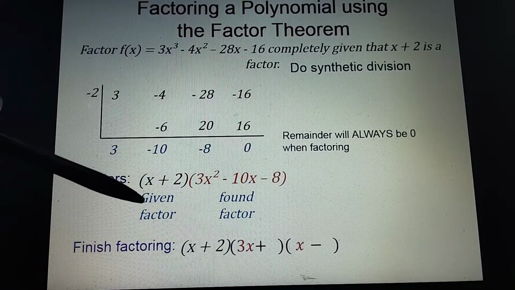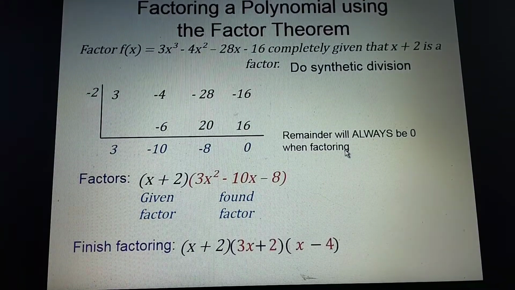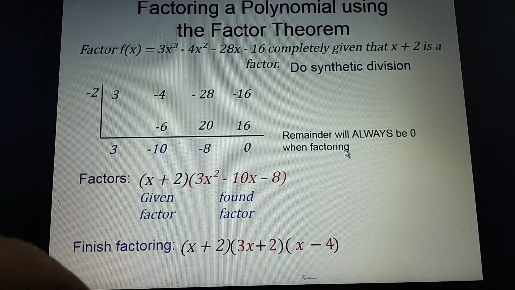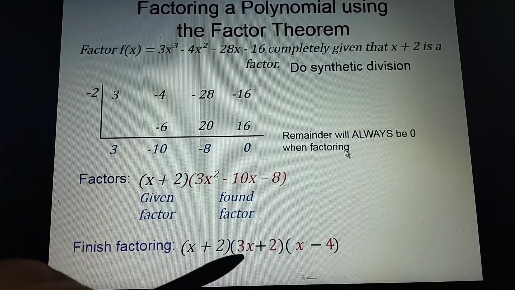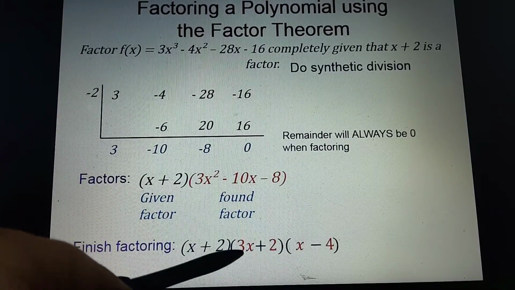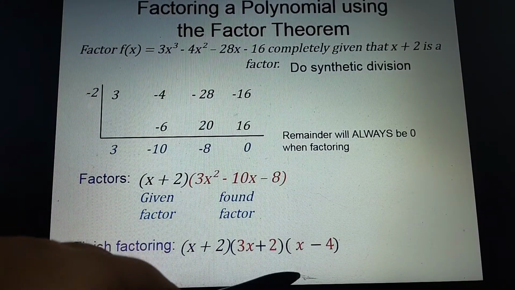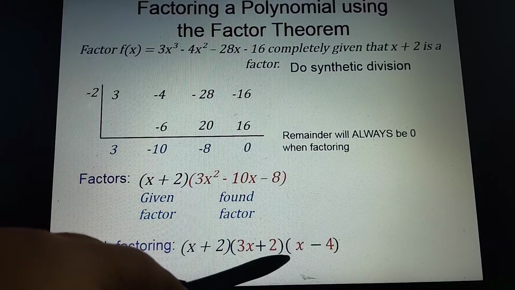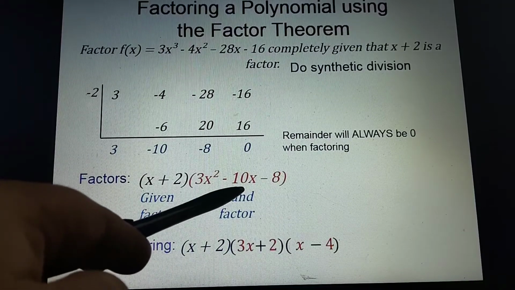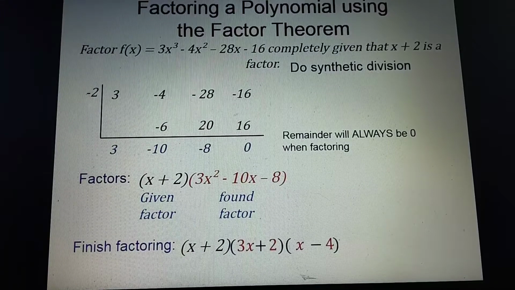Now I need factors of 8, so I picked 4 and 2. Remember, you have to check. 2 times x is 2x. 3x times negative 4 is negative 12x. Negative 12x plus 2x is negative 10x. So now we have it factored as low as it'll go, and you're done with that problem.